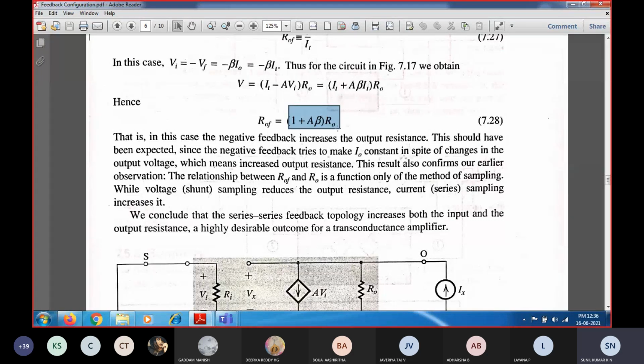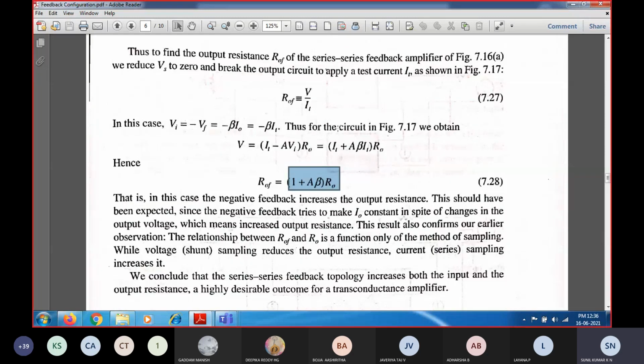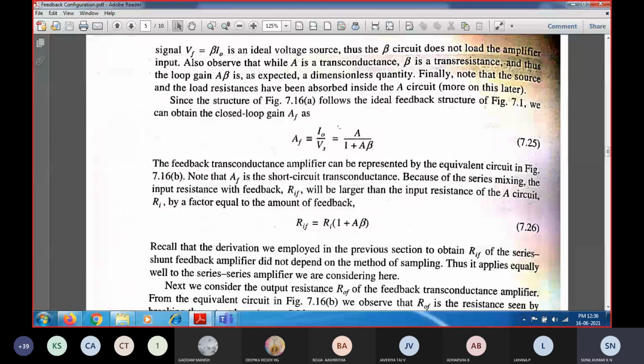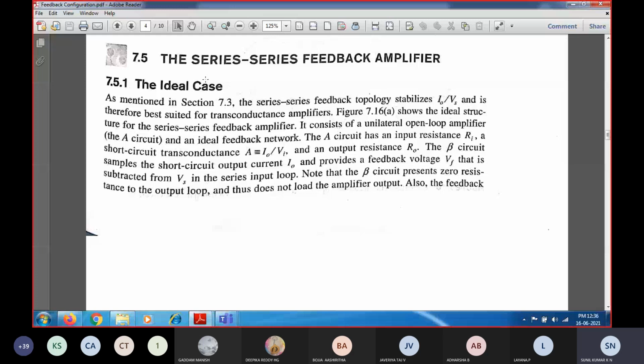So that means when you employ a negative feedback circuit for this transconductance amplifier, you will see the input impedance is going to increase, and at the same time the output impedance is also going to increase. So this clearly states that whenever you have a series term, the input side is series and the output side is also series.